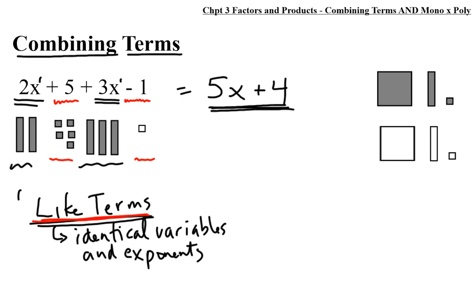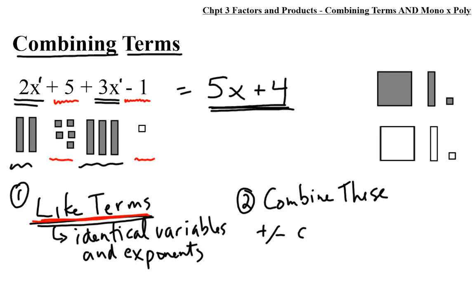Once you identify like terms, what we want to do is combine these. And how do we combine the like terms? We add or subtract the coefficients on each term. So in this case, we have 2 x's and 3 x's. Well, 2 of them and 3 of them leaves 5 of them.